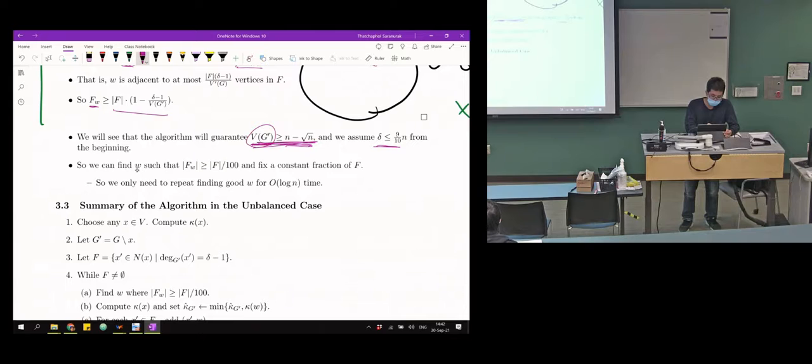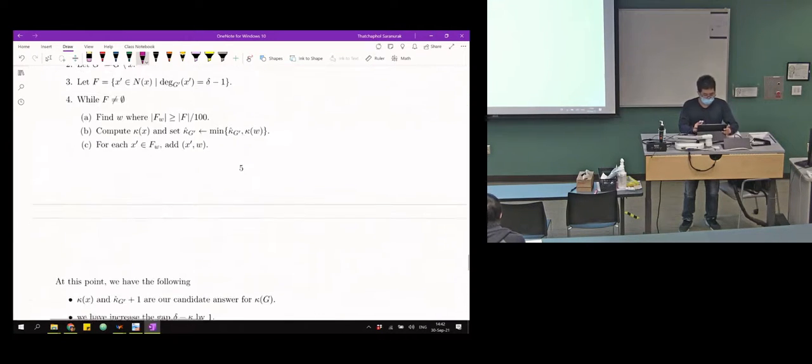And if we keep finding W such that you fix a constant fraction of it, then just log n many times of choosing W, you will fix everything.